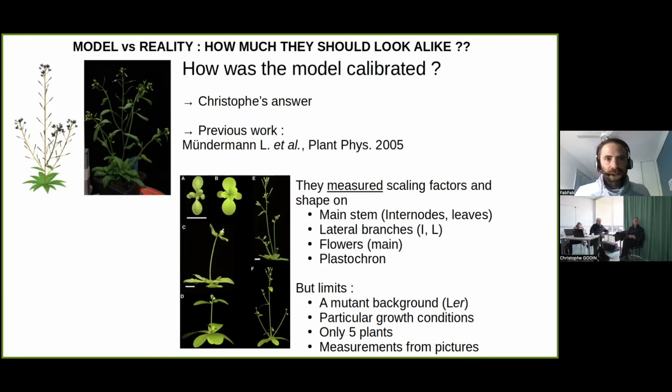And if we look especially for Arabidopsis, if there is a previous work on trying to calibrate an L-system model of a plant, we can refer to this article, which was published in 2005, which was in the group of Przemysław Prusinkiewicz that Christophe already presented.